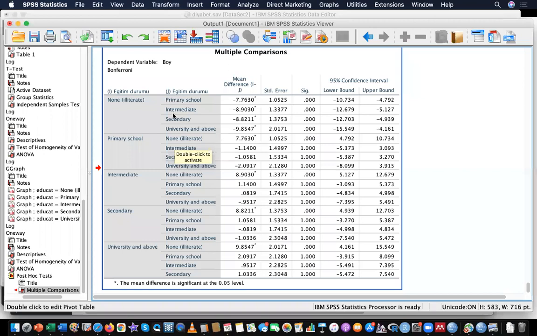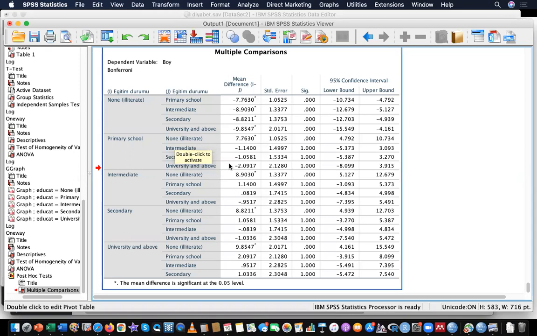So you have to count them only once. 4, 5, 6, 7, 8, 9, 10. I have 10 combinations. The others are repeated. Right? Do you agree with me? Yes. There are 10 possible combinations.